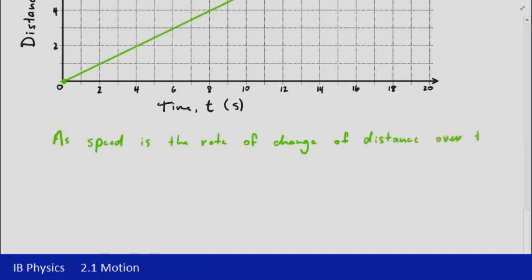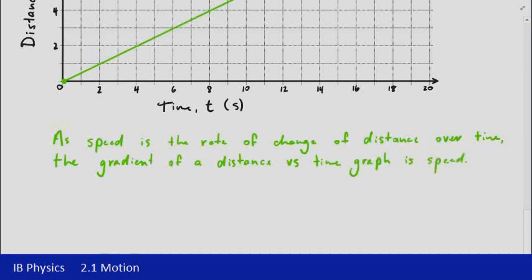That corresponds graphically to the gradient of a distance versus time graph. So the gradient of a distance versus time graph is speed.